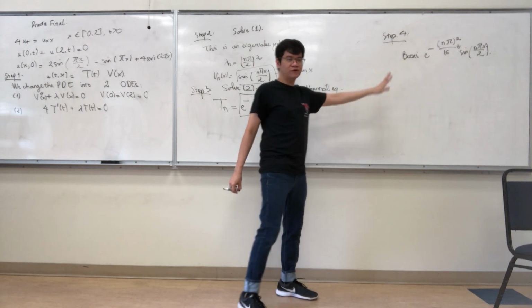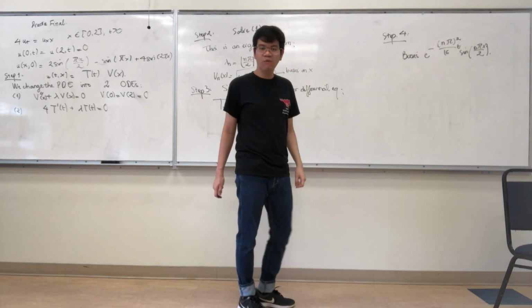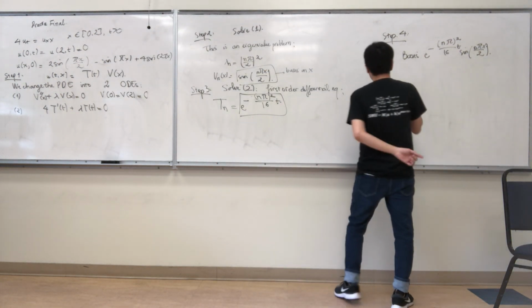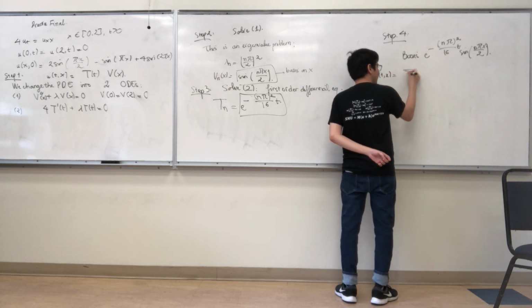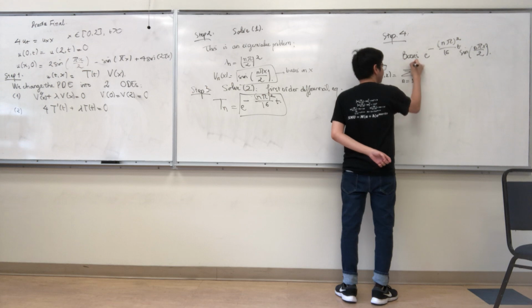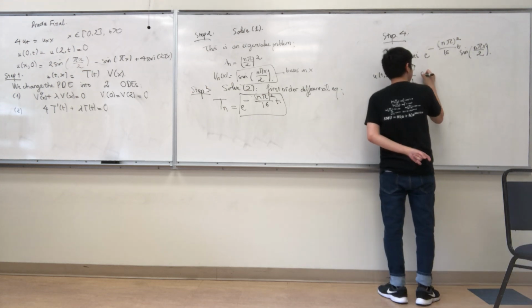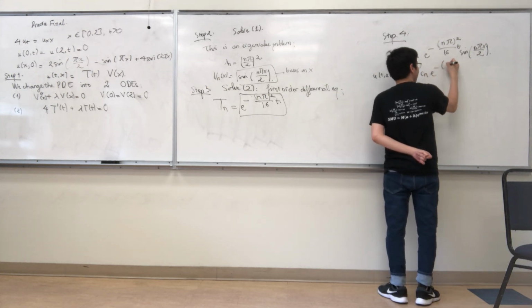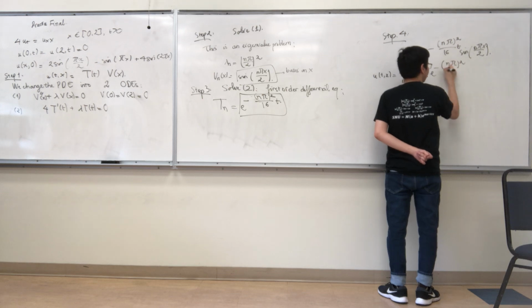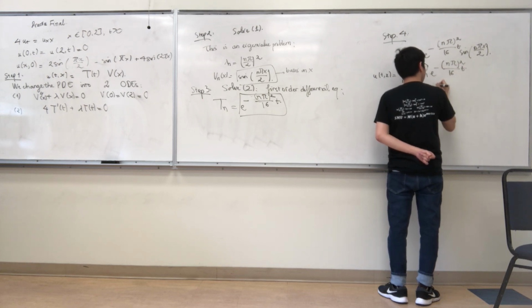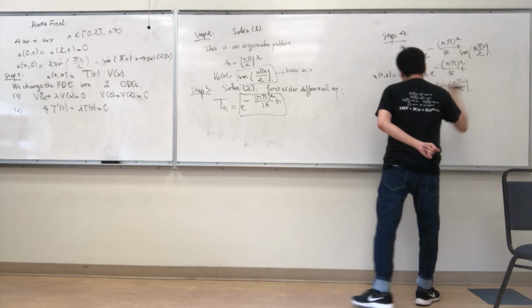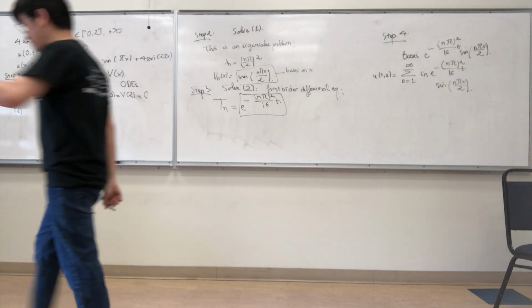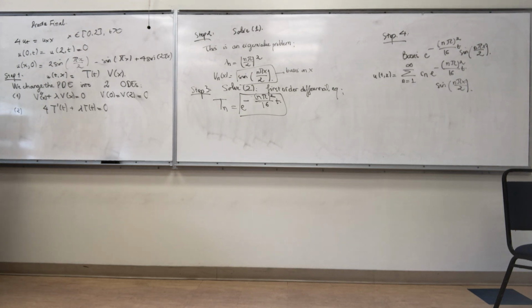So after you solve the first 3 steps, what you have is u(t,x) is the sum for n from 1 to infinity of c_n exp(−n²π² t/16) sin(nπx/2). Alright?